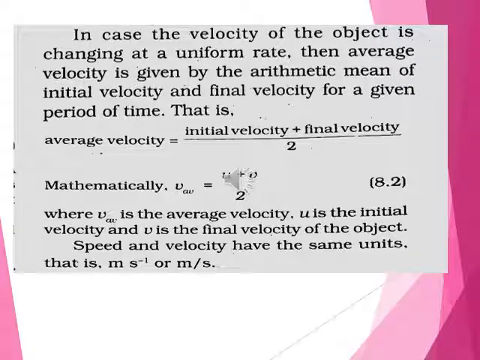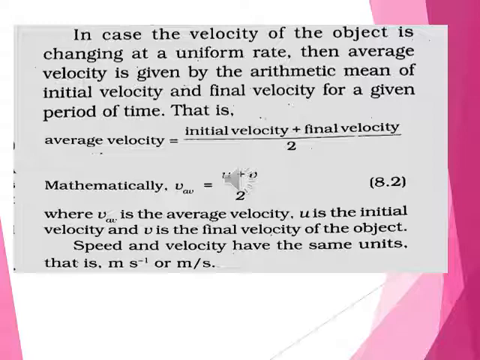In the case where the velocity of an object is changing at a uniform rate, then the average velocity is given by the arithmetic mean of the initial velocity and final velocity for the given time period. That is, average velocity equals initial velocity plus final velocity upon 2. So here we will denote initial velocity by small u and final velocity by small v.